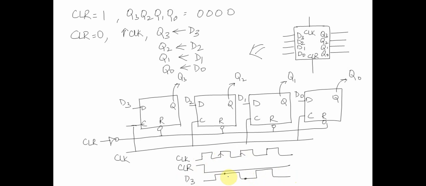So what do we have to do in this circuit to be able to hold the value of the inputs for more than one clock cycle? We will add a new signal, a load input.